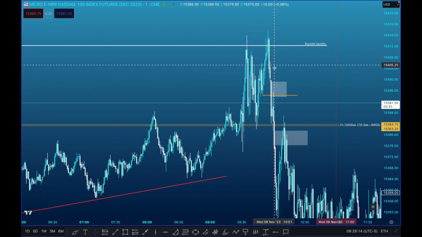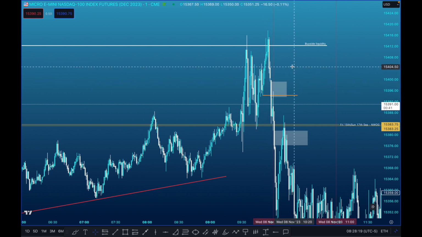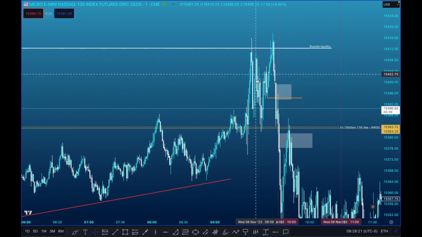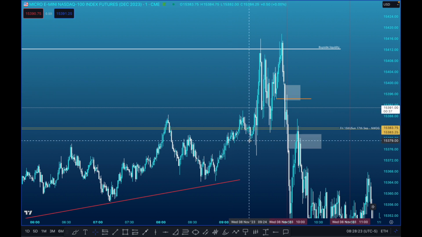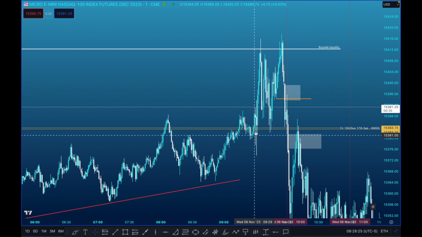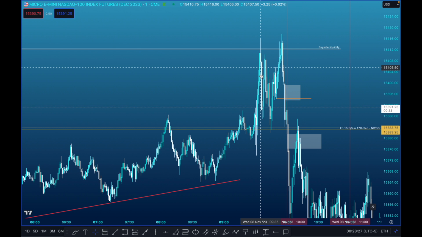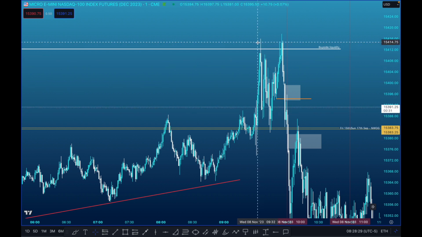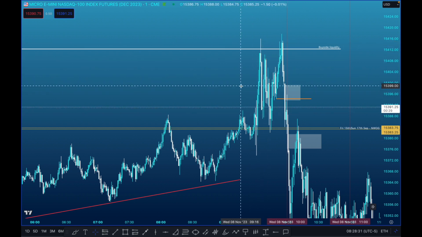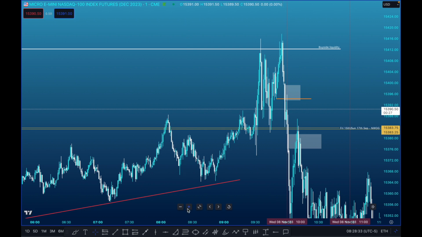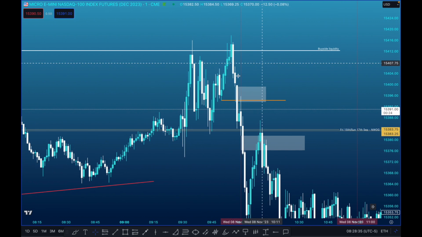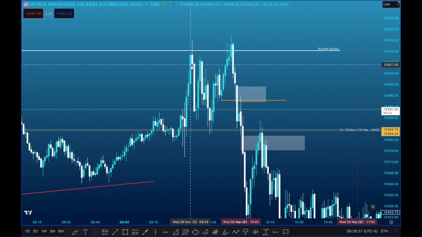My timing is between 10 and 11, or 9:45 to around 11 o'clock. So all of this in here, you can see it was a very volatile morning. You ran all the way up, pierced those highs, came down, came back up, didn't take out the high. I didn't really like this in here because it could have very easily ran back up.